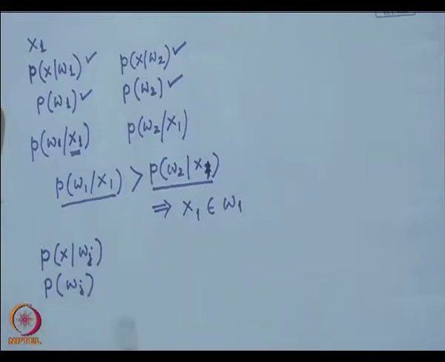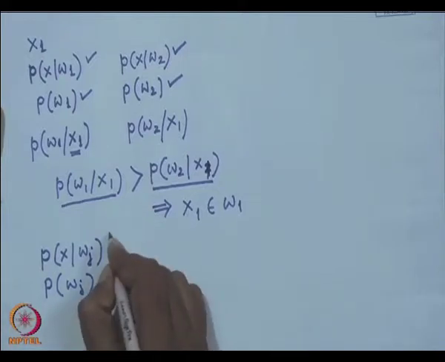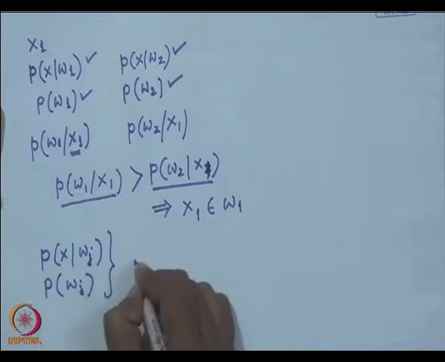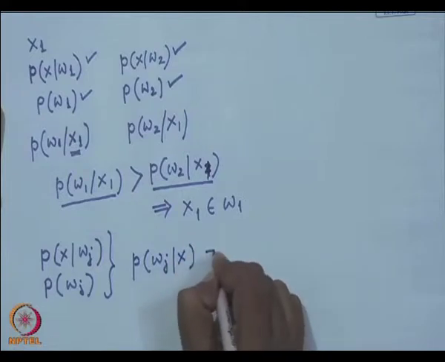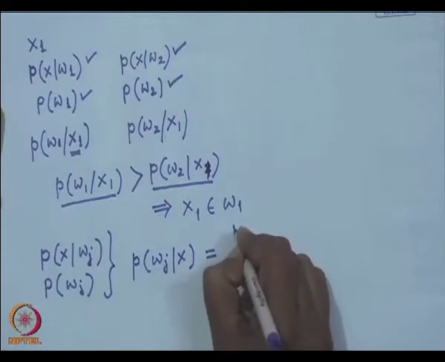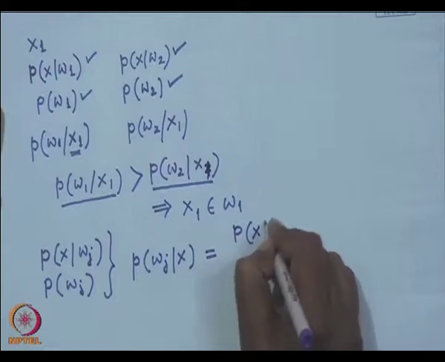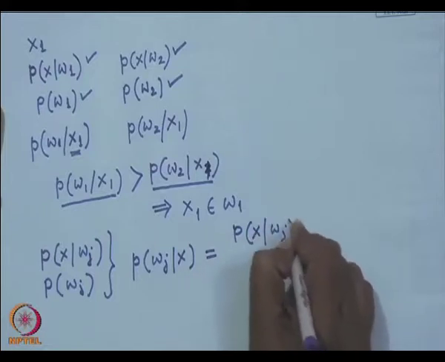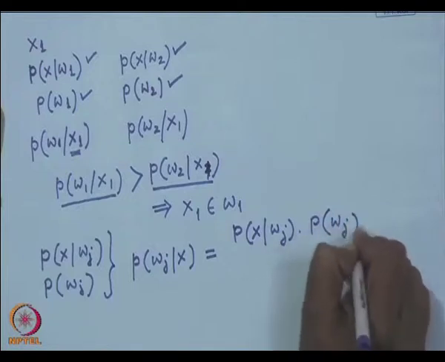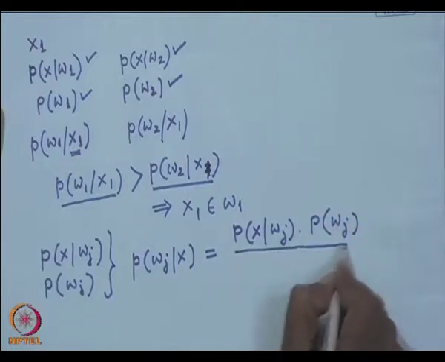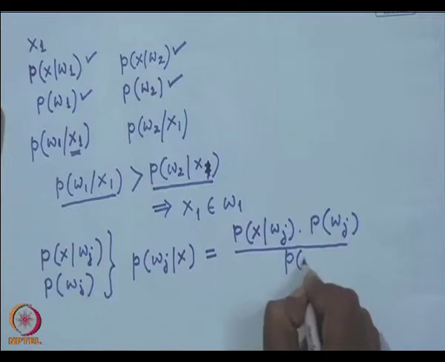And from these two I can compute the a posteriori probability p of omega j given x, which is nothing but p of x given omega j into the a priori probability p of omega j upon p of x, or probability of x.